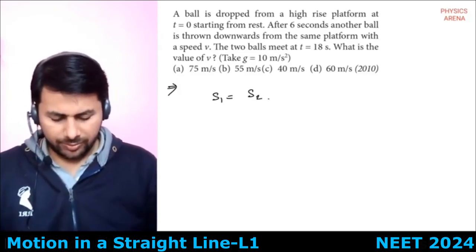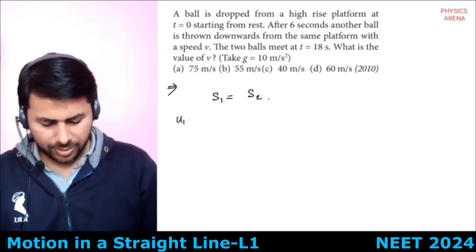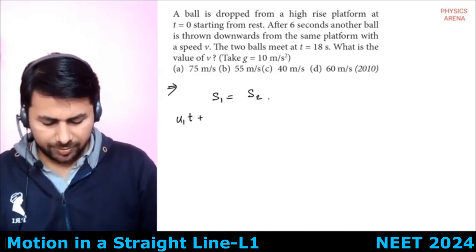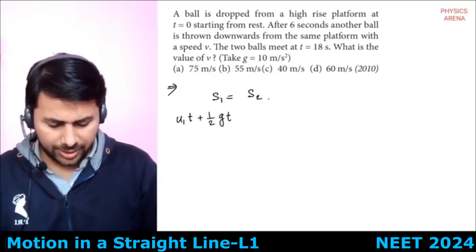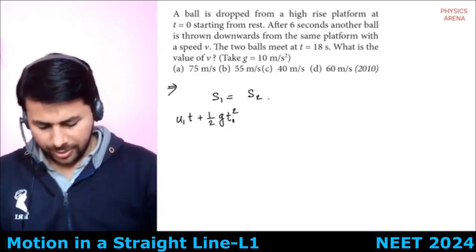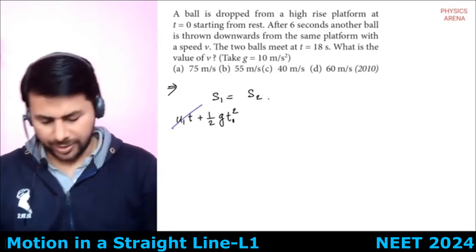For the first one, it is just dropped, so u1 is 0. This is ut plus half a t square: u1 t plus half g t square, where acceleration is g. But u1 is 0, so this is just half g t square.